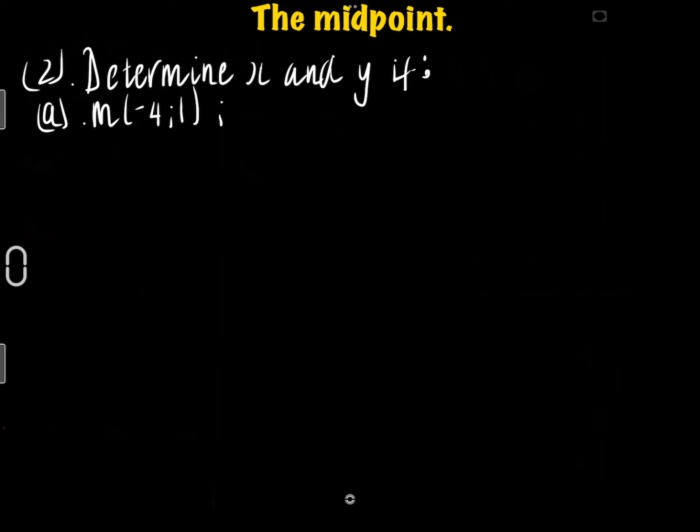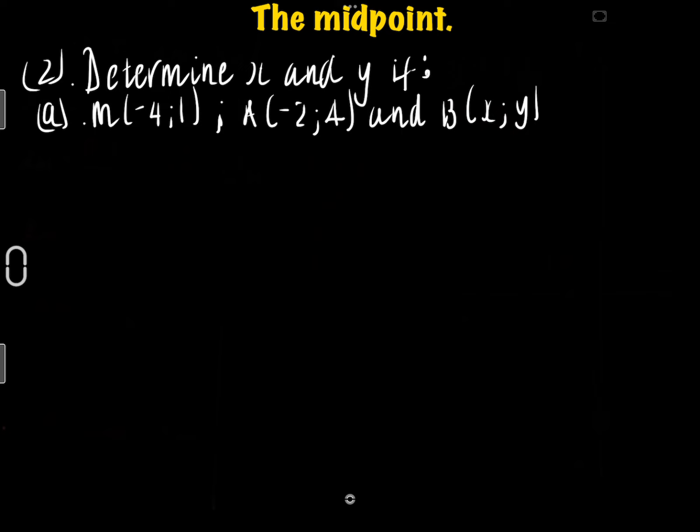And then when the line segment, so you're given a line segment where x is equal to -2 and then y is 4, and then b, we're just simply given the variables x and y. Okay, there are conditions here.